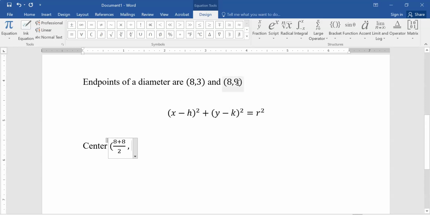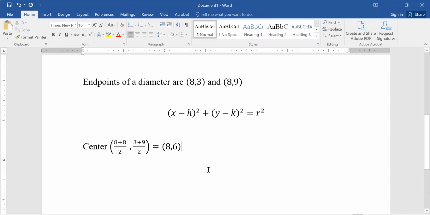Here, 3 and 9, so add up 3 plus 9, divide by 2. And you see that your center is the point 8, 6. Okay, hopefully you know how to go halfway between numbers, right? Add things up, divide by 2. So that's the idea. So 8, 6 is the center.